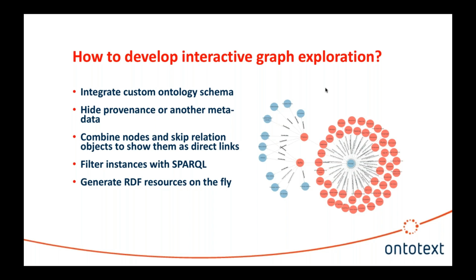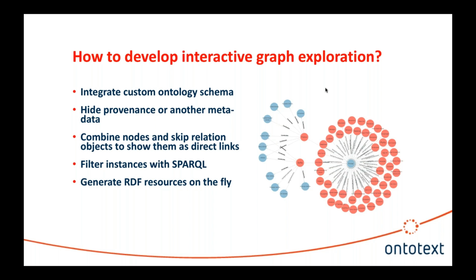Sometimes you have to integrate a custom ontology schema, which does not follow the RDFS label or schema, so you can choose which is the preferred label to be displayed. Often RDF also includes some provenance or other metadata which you want to remove from the current visualization. So by using these 4 queries, you can also control this.